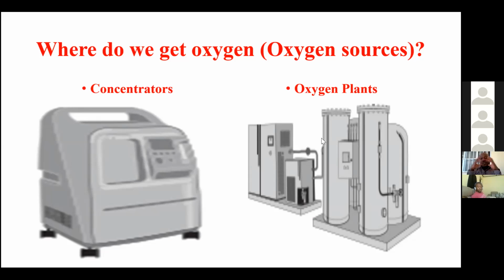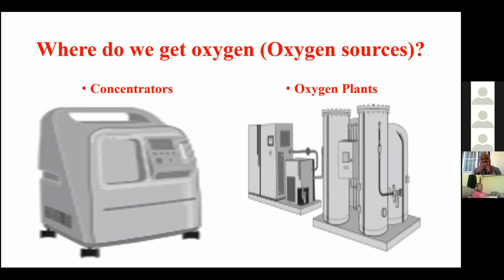So we get oxygen from nature, from the environment, from photosynthesis, but we may also have these concentrators or oxygen plants, which I think most of our referral hospitals have, like our Nyarugenge COVID Treatment Center, which is now closed to other settings because there is no longer that much number of COVID cases. But we still have an oxygen plant to deliver to patients who will need it in other critical conditions other than COVID. I think in some of your hospitals or health facilities you may also have it.